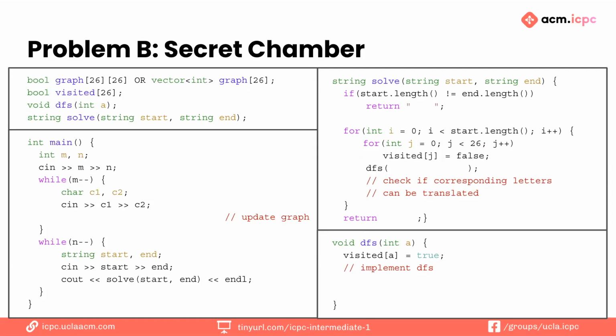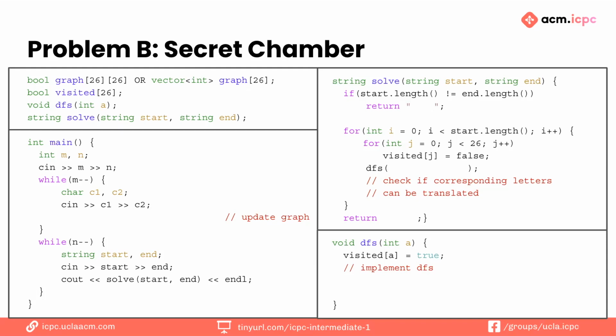For graph traversal, we also need a visited array, which we've already declared at the top. For this problem, you'll need to implement a graph traversal algorithm. We recommend BFS. You'll also need to implement the main body of the code, which uses your traversal algorithm to actually solve the problem.